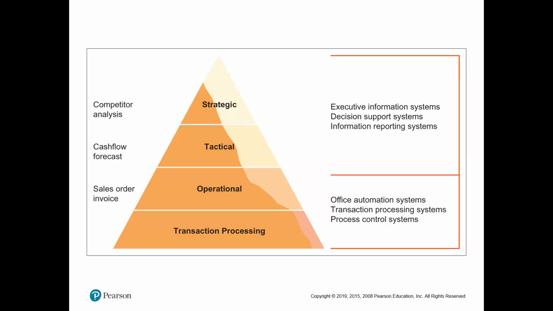So at the strategic level, we can use different types of information systems to support decision making. The top level uses what we call the executive information systems. The executive information system gathers information from the external environment and the internal environment, breaks this information down into different components, and then explains and gives an output.